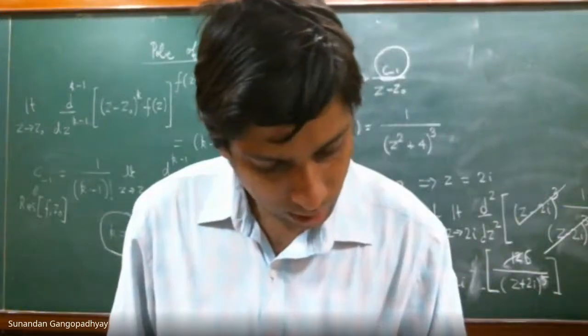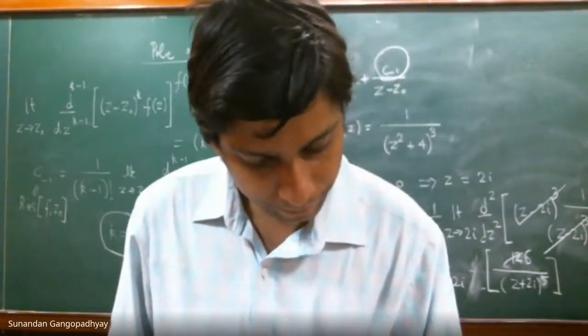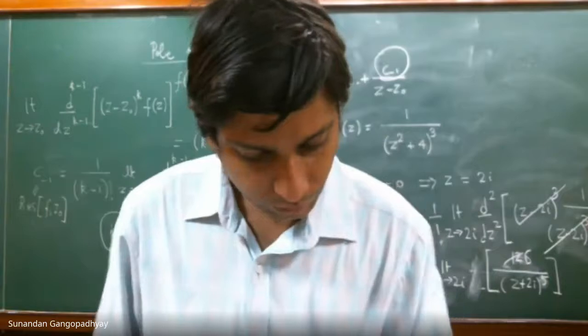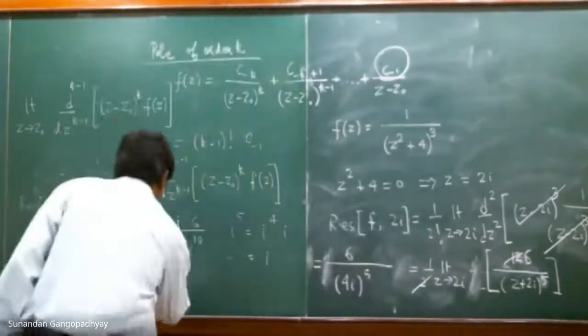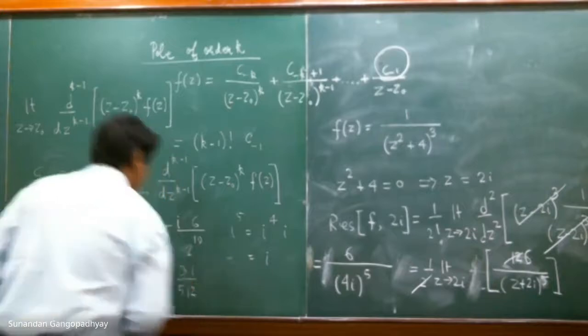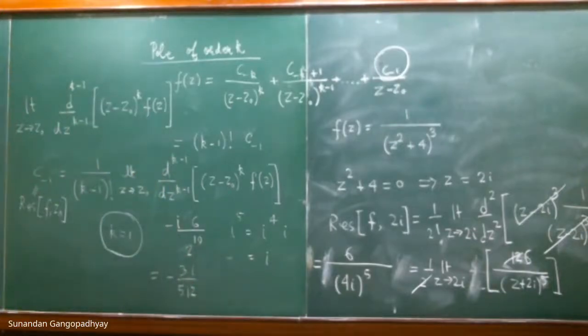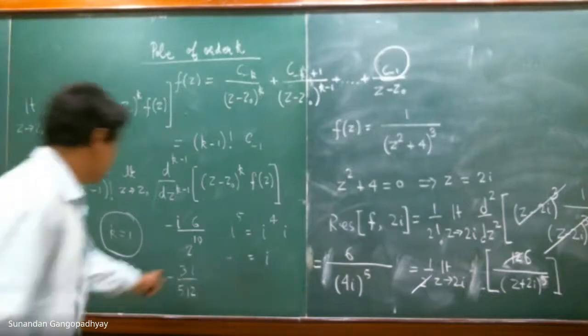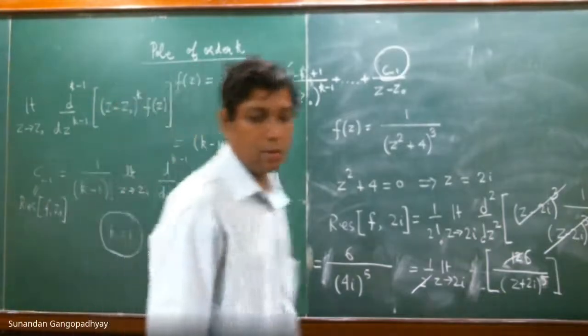I think I've done it correctly. So this will give us minus 3i by 512.